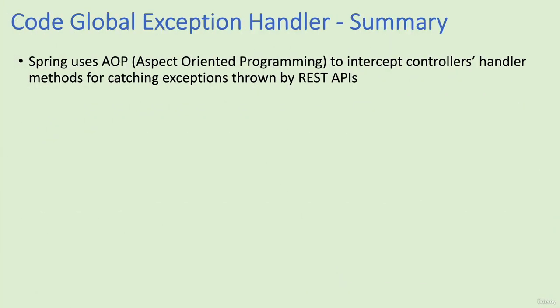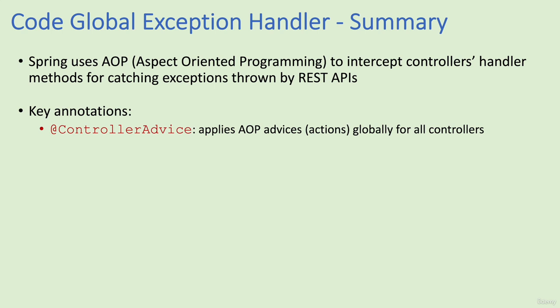Alright, so far we have done customizing, modifying error response for REST APIs using global exception handler. Let me sum up the main points in this lecture. You know, Spring Framework uses AOP or aspect-oriented programming to intercept controllers' handler methods for catching exceptions thrown by REST APIs. And we use some key annotations. Controller advice.